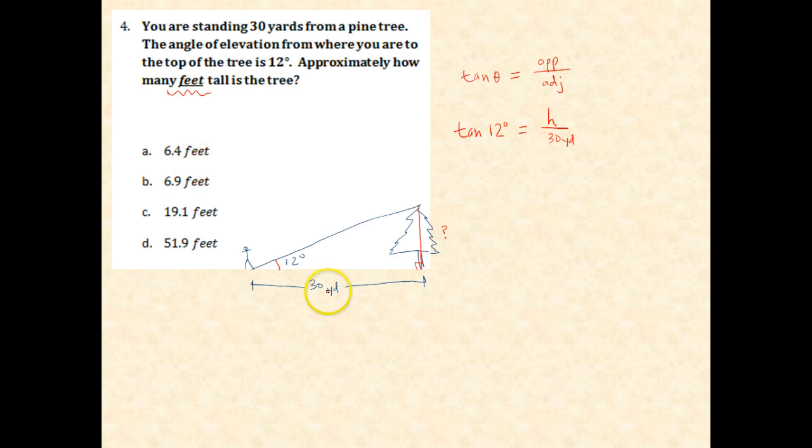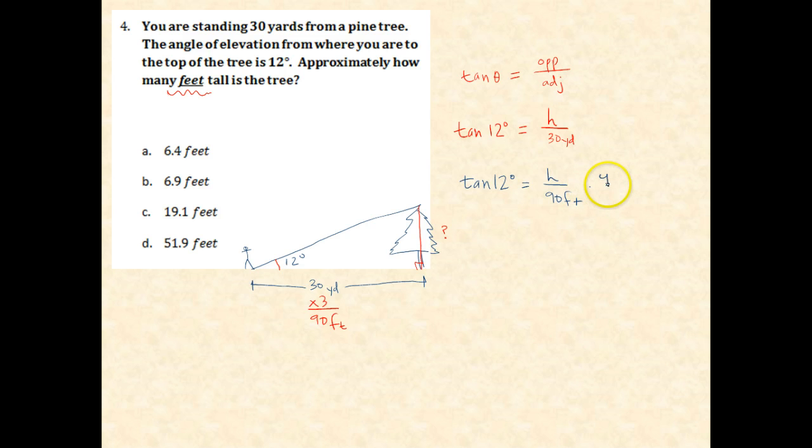Each yard is 3 feet, so if I multiply by 3, this 30 yards is 90 feet. So what we're really doing is tangent of 12 degrees equals h over 90 feet.